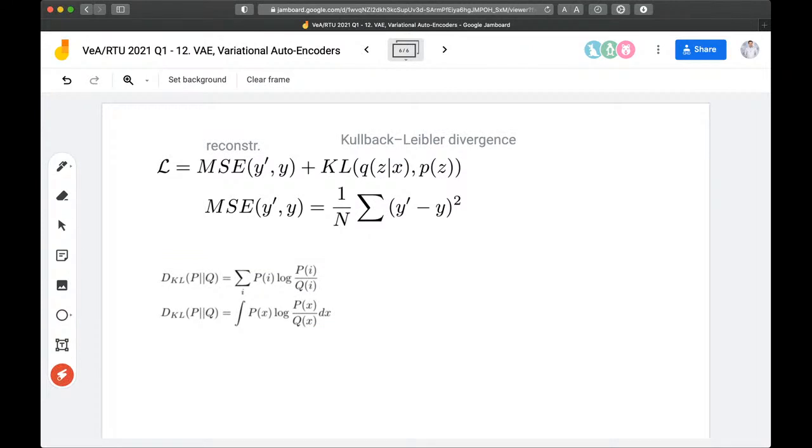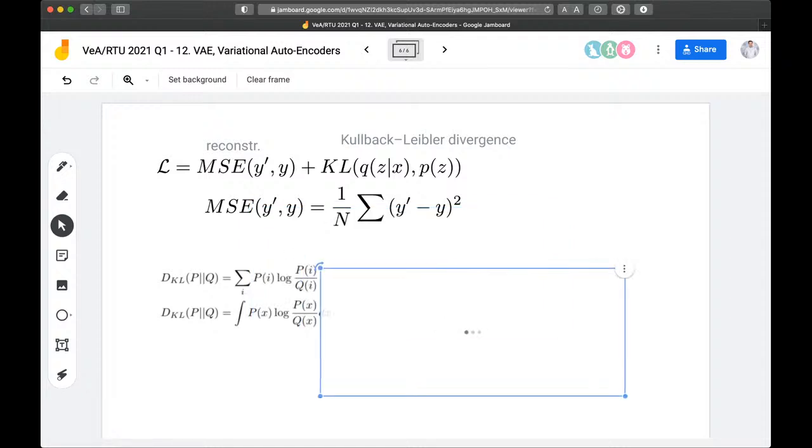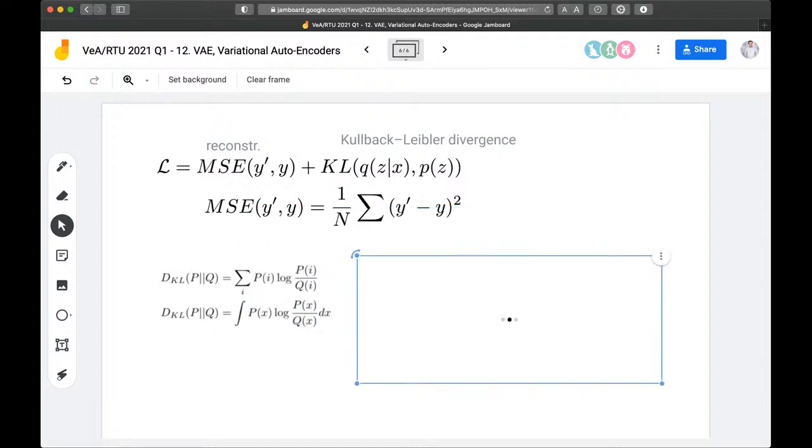One thing is that you can have it in at least two ways. P can be first and Q can be second, or Q can be first and P can be second, and that changes what kind of output you will get. In one case, the zero will be when it's matching.